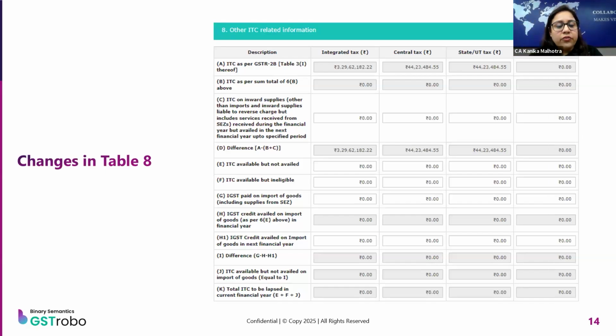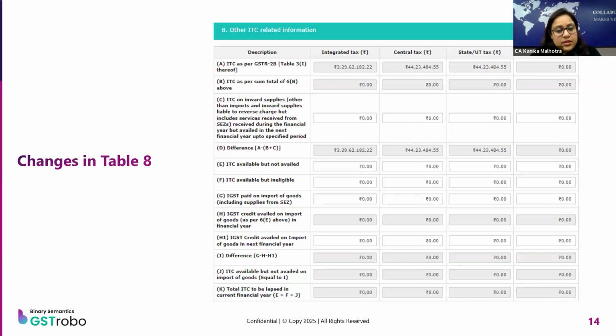So I think this difference would be nullified, and all the balances reflecting in 2B would be easily segregated, showing a nil difference here. Government has actually relaxed you with this, because unnecessary additions of values in table 8 create chaos.